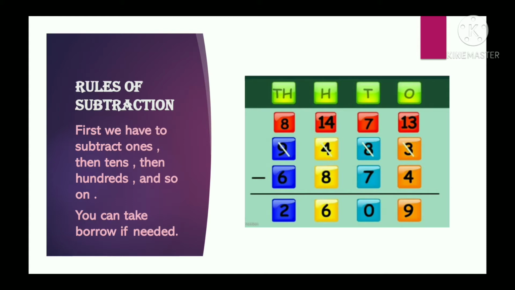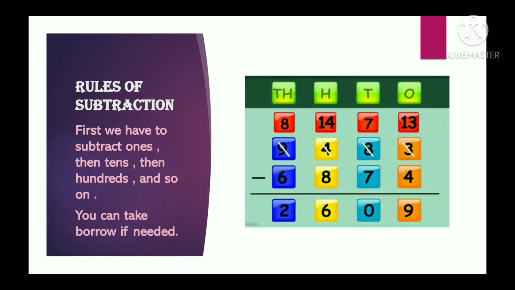After that, we have to subtract hundreds place. So in hundreds place, you can see it is 4 minus 8. Again, 4 is smaller than 8, so it can't be subtracted. So we have to take borrow from the next number, which is thousands place. After taking borrow, we get 14 in hundreds place.